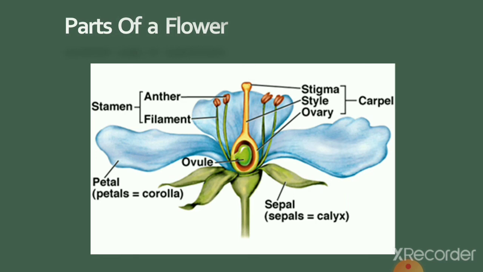Calyx and corolla are considered accessory reproductive organs because they do not have any direct role in sexual reproduction. Their basic function is to protect the flower in bud condition, and the corolla, being usually bright in color, attracts insects for cross pollination.